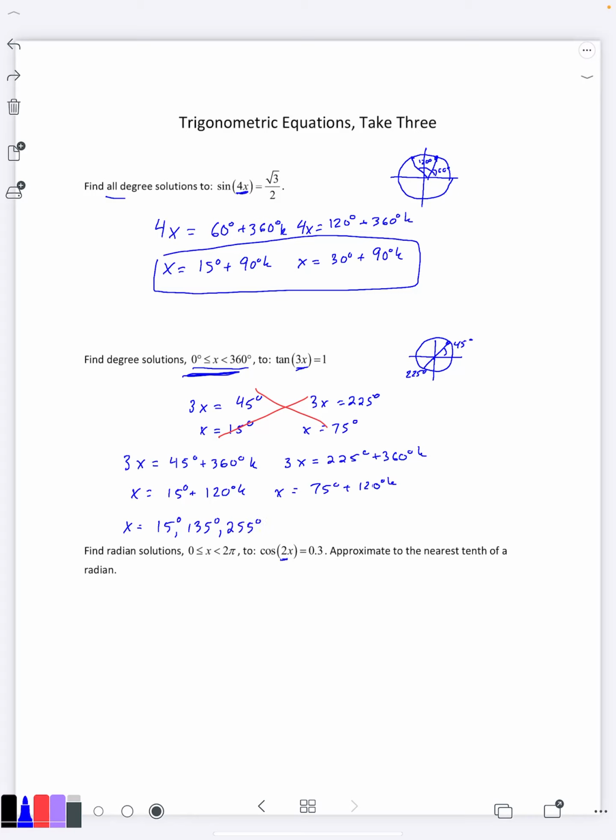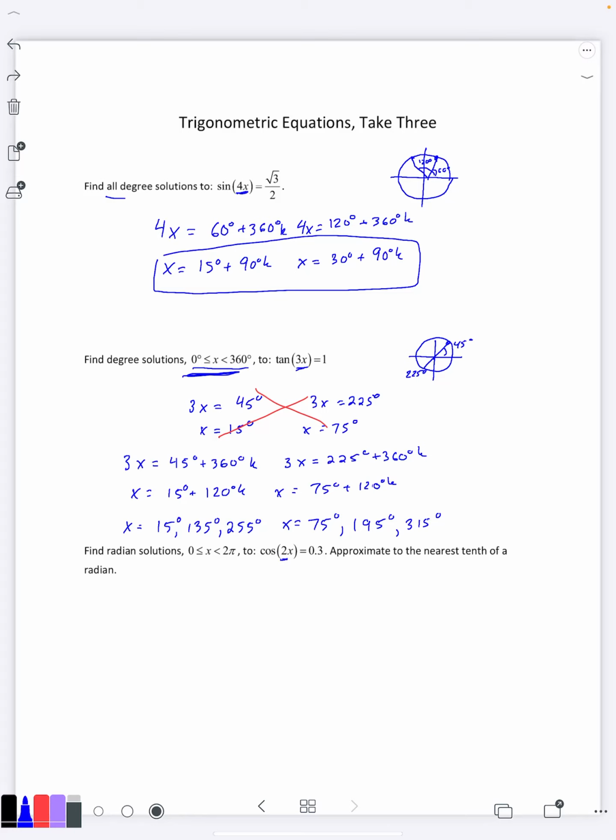If k is 3, I'd be beyond 360 degrees, so it's not valid. Continuing over here, if k is 0, I get 75. If k is 1, I get 195. If k is 2, I get 315 degrees.